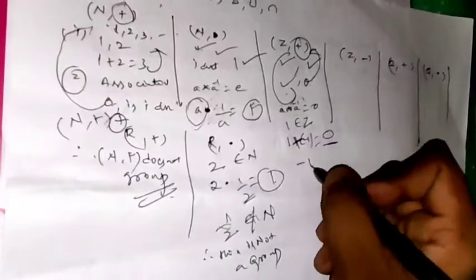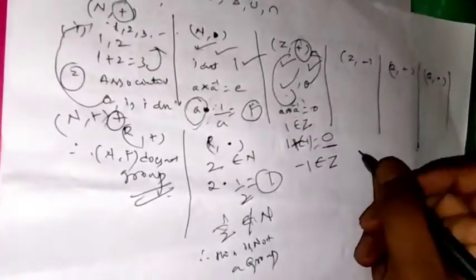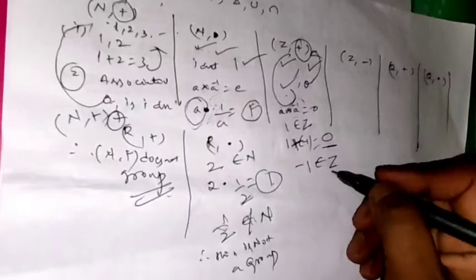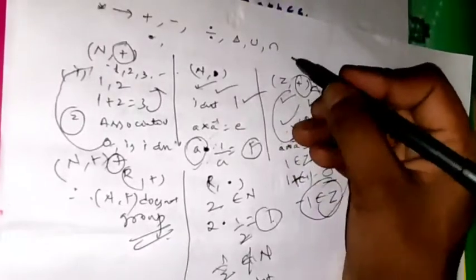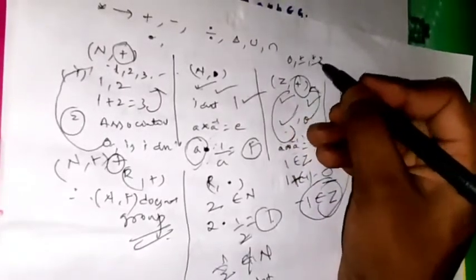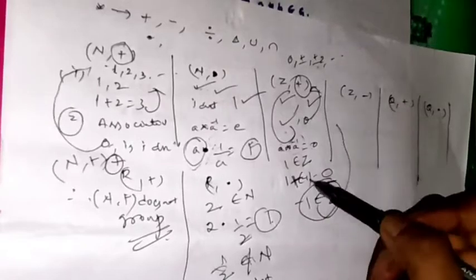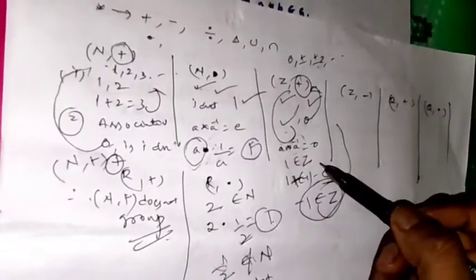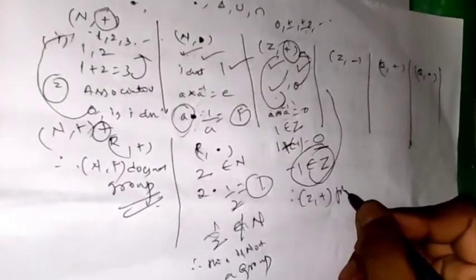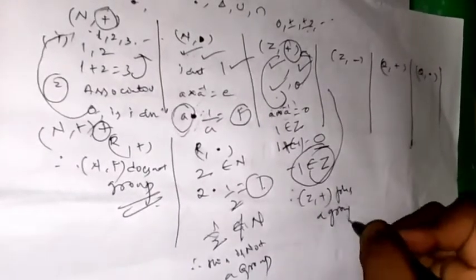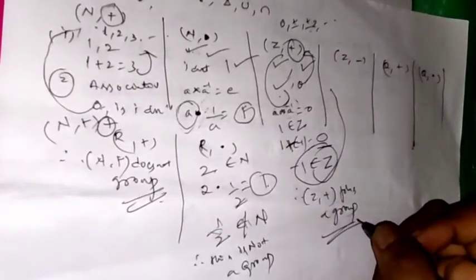Minus 1 belongs to our set Z, because what are the integers? 0, plus or minus 1, plus or minus 2 and so on. These are our integers. Minus 1 belongs to the integers again. Therefore this satisfies all the axioms of a group. Therefore Z comma plus forms a group. I hope you understand.